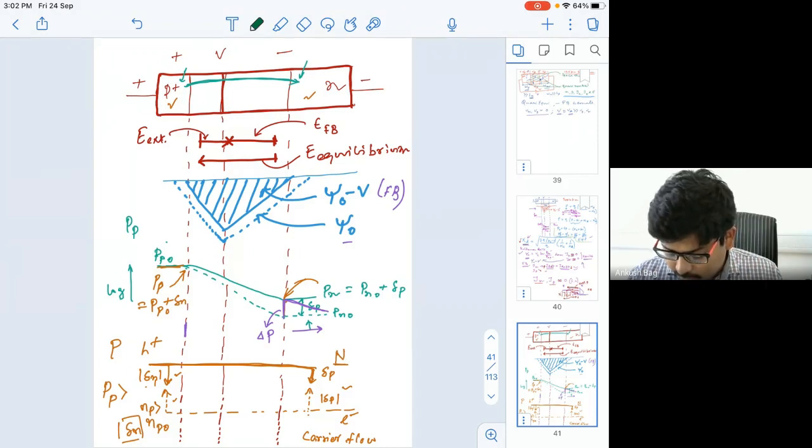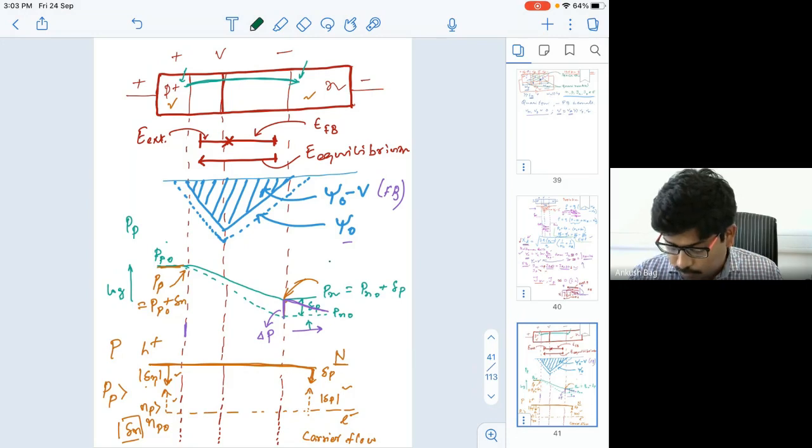This variation in hole carrier concentration, that means from majority carrier in the p plus side to minority carrier in n side, under the forward bias will give us the potential psi naught minus V, or the reduction in the built-in potential.